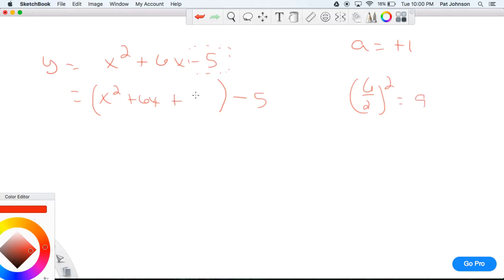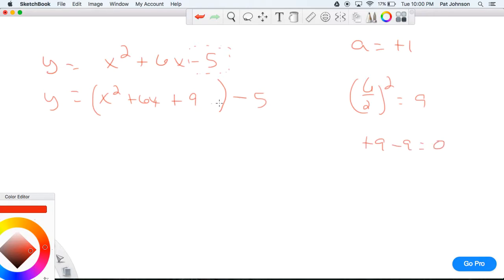So we're going to add 9. However, when we complete the square, we know that what we do to one side, we must do to the other side. But we don't want it on the left side. We want y. We don't want it equal to 0. So how do I make this not change? Well, this is really plus 9. If I minus 9, I get a value of 0, and I've added nothing and made no changes.